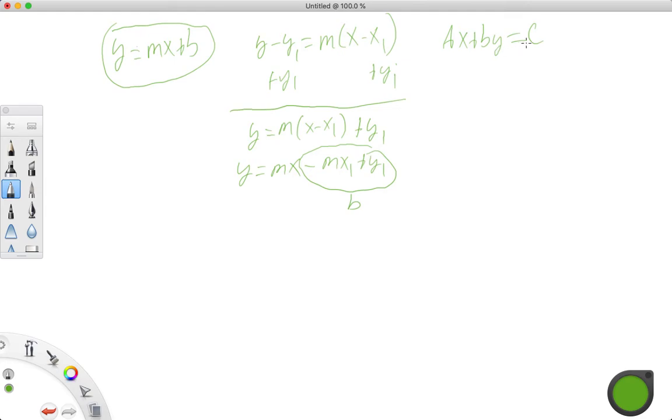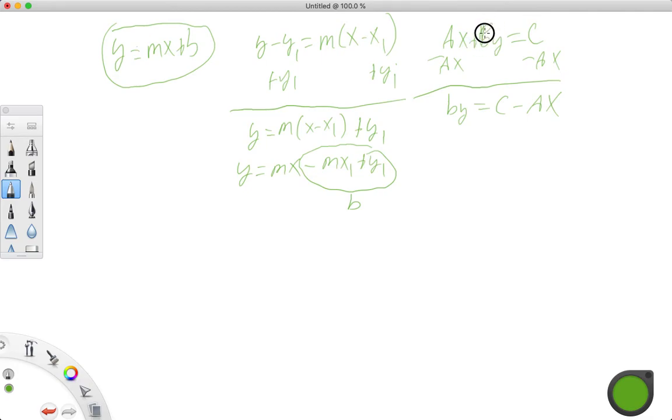How about this equation? Again, we're going to try and get the y by itself, and we're going to try and get it to look something like this. Let's see what happens. So let's subtract ax from this side, subtract ax from this side. That gives me by equals c minus ax. Okay, not really there, but let's just rearrange things.